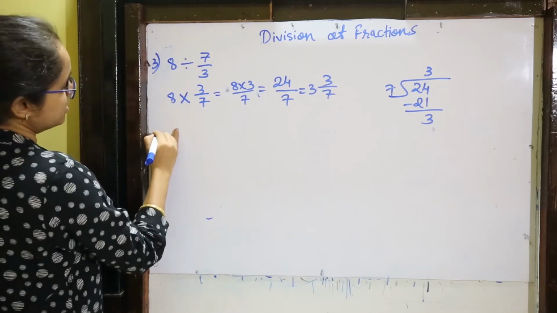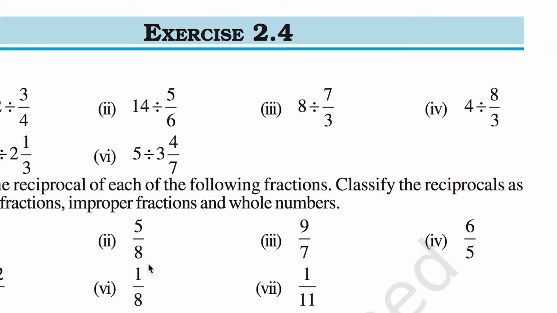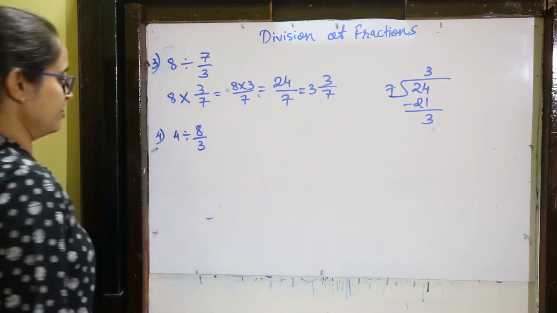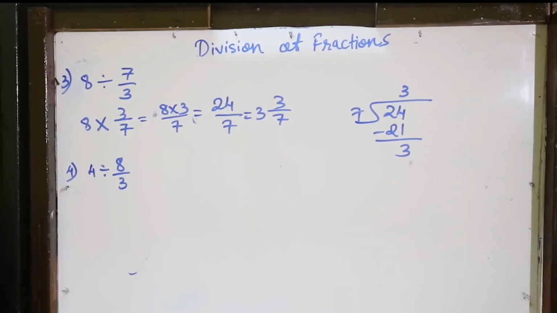Next is 4th number. 4 divided by 8 upon 3. I want you to do this. Okay. Then 5th number and 6th number I will do for you. You pause the video and do it.